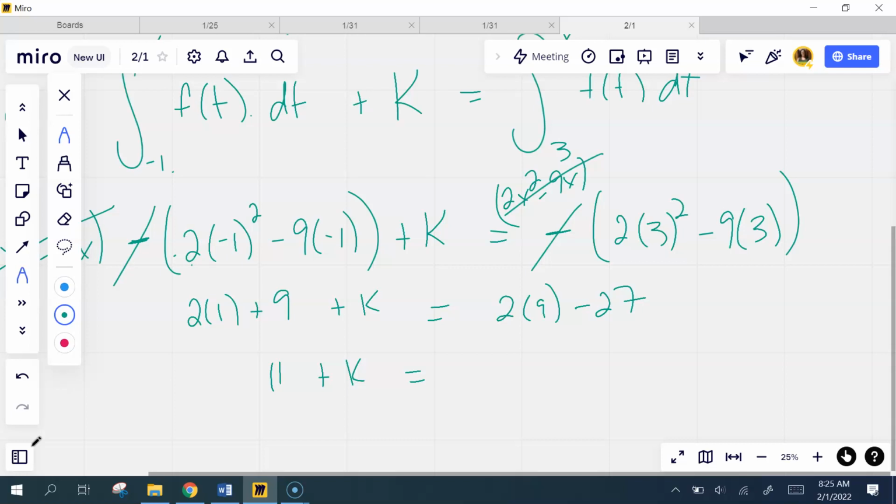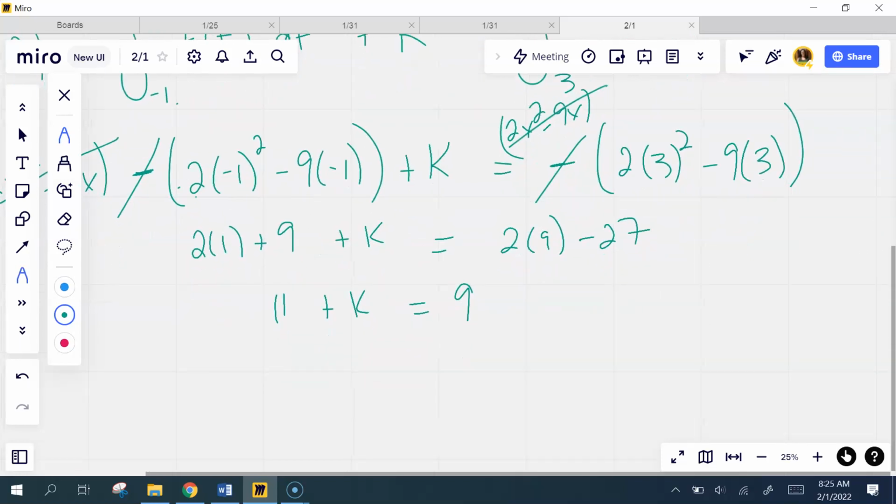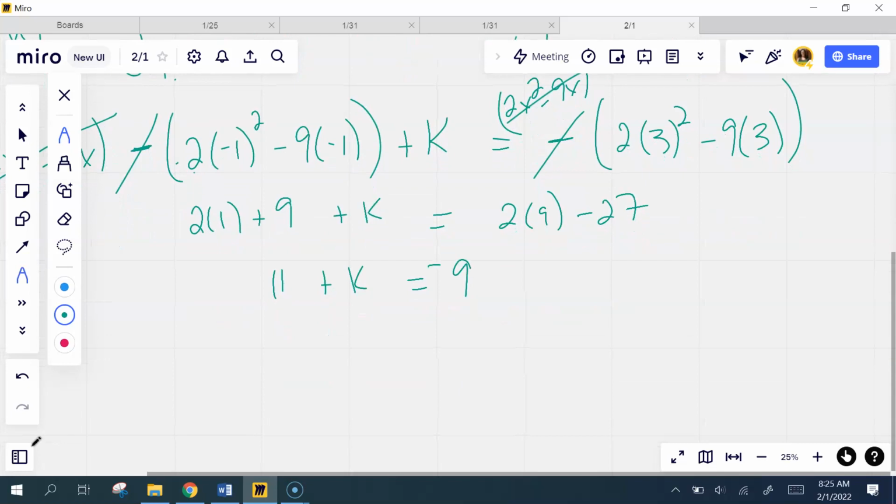I don't know what 18 minus 27 is. 9. I should know that. That's right. Negative 9. Right? Where did I get a sign error?